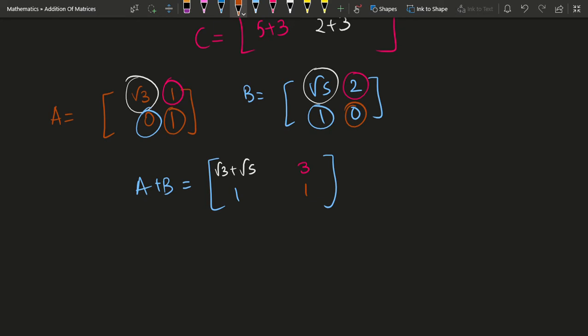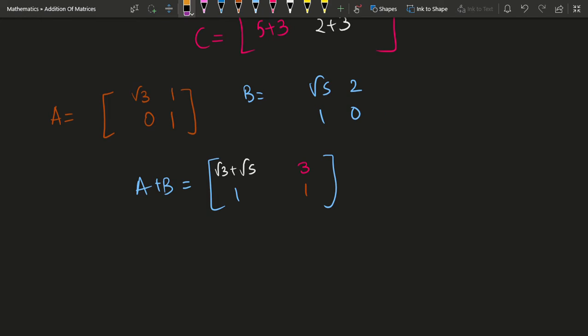Instead of this 2 by 2 matrix, let's say A was 2 by 2 and B was a 3 by 2 matrix. So let's extend this matrix with random numbers. Let's write 2 more numbers here, let's say 1 and 1.